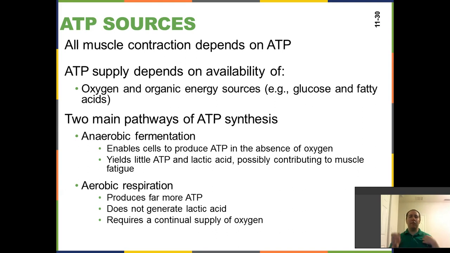This allows us to make ATP without oxygen. However, instead of 38 ATPs per glucose molecule, we get 2. It's an incredibly inefficient process. We don't get nearly as much ATP using anaerobic fermentation as we do aerobic respiration.